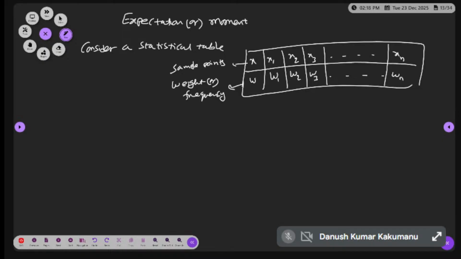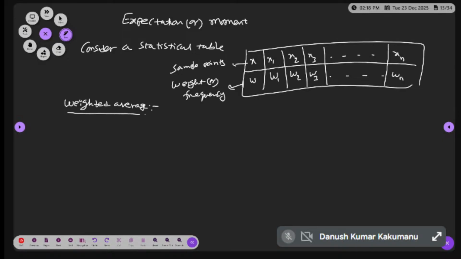Now, what is the weighted average? The first row is the sample points, the second is the weights. What is the weighted average we are having here?